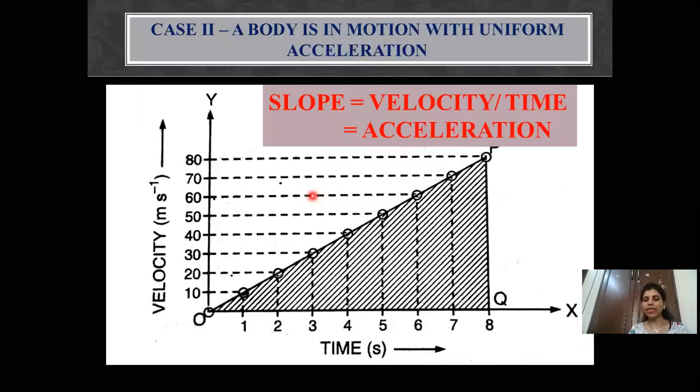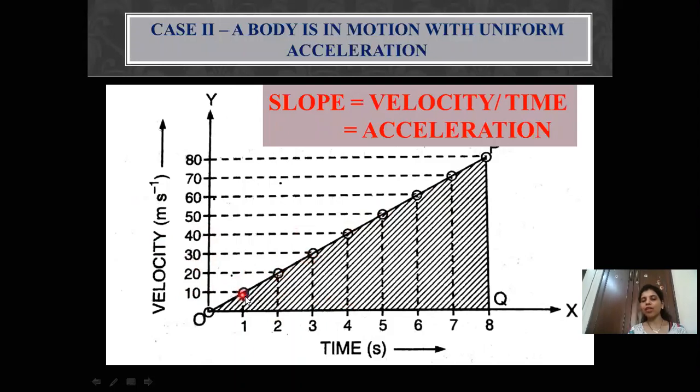Now we go to the next slide. Now in the next slide you can see that this is a velocity time graph, and we are showing that it's a straight line graph. Now when it is a straight line, that means the velocity is changing. Here it is 10, here it is 20, here it is 30.